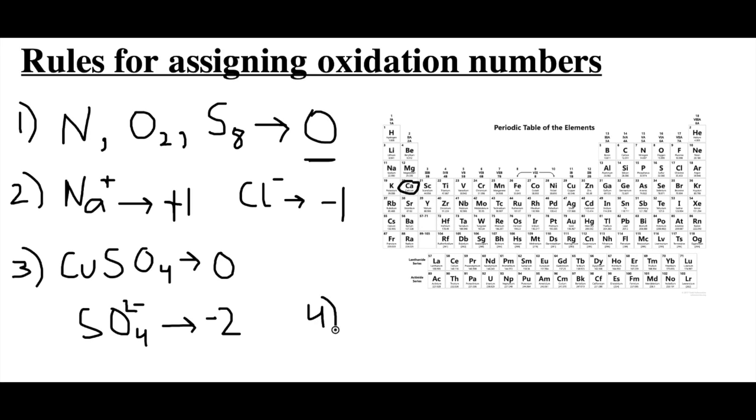For rule number 4, we will simply memorize some useful oxidation numbers for two atoms, hydrogen and oxygen, because their oxidation numbers remain consistent for most compounds. The oxidation number of hydrogen is +1, except when hydrogen is bound to metals in metal hydrides, which are represented by this X. Metal hydrides involve the atoms present in the first two columns of the periodic table.